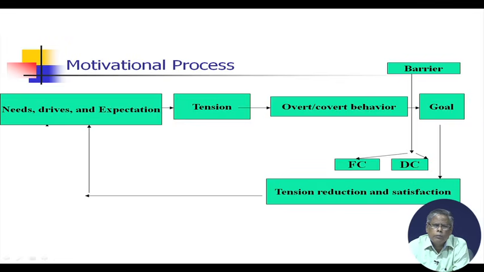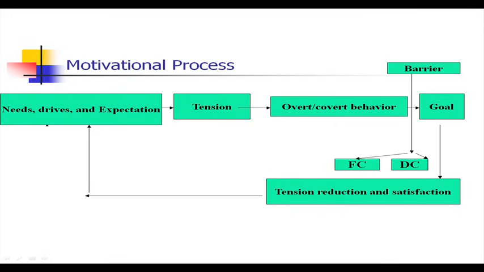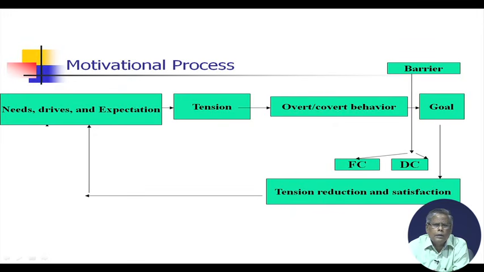So, when these needs are not satisfied, they raise certain tensions, and these tensions lead to certain internal or external behavior. By this behavior, the individual reaches the goal and satisfies the need, and there is tension reduction and need satisfaction.